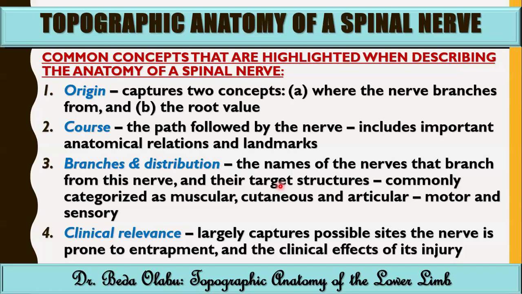If it is subcutaneous or near a particular bony structure that's subcutaneous, then it can be easily knocked by external force. That's a possible site of injury. If the nerve is passing through some narrow tunnel or narrow gap, it's a possible site of injury because it can be trapped in those particular anatomical narrow spaces.